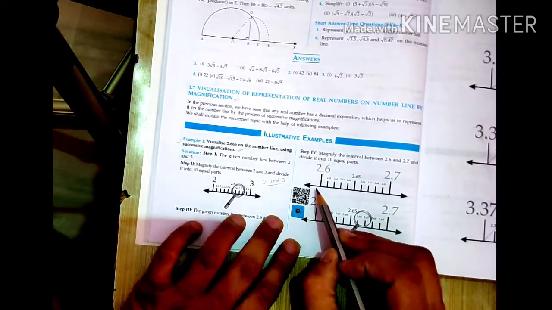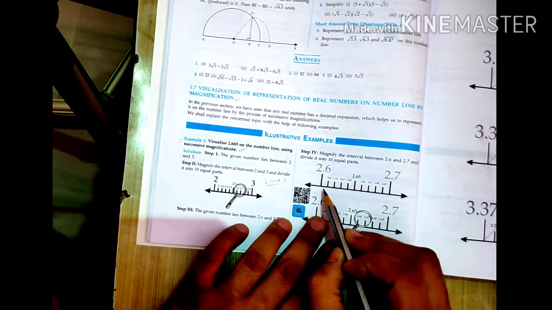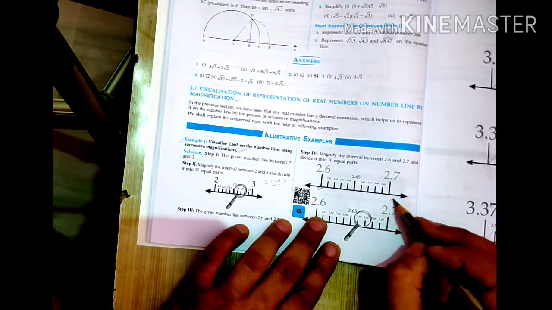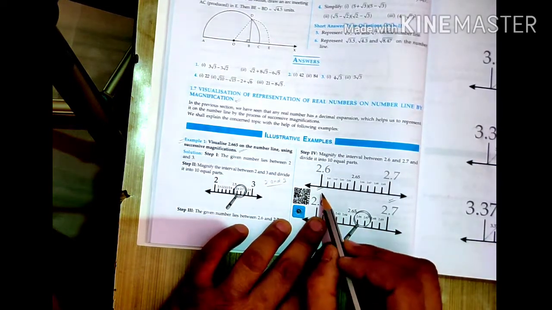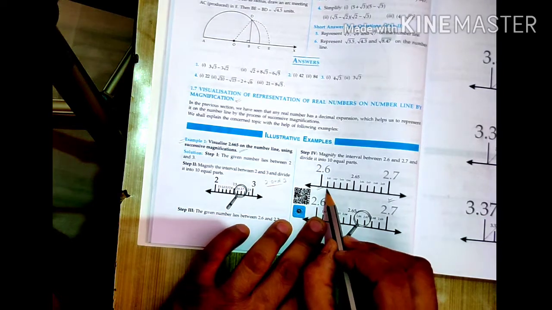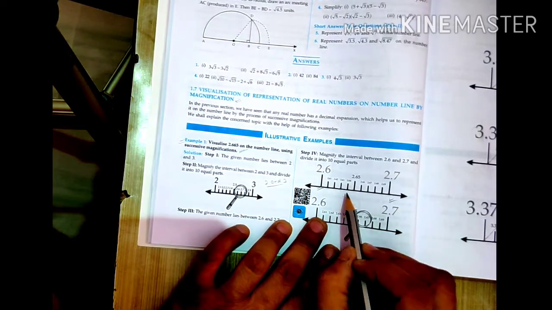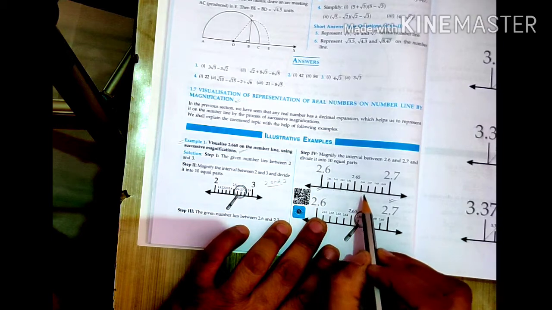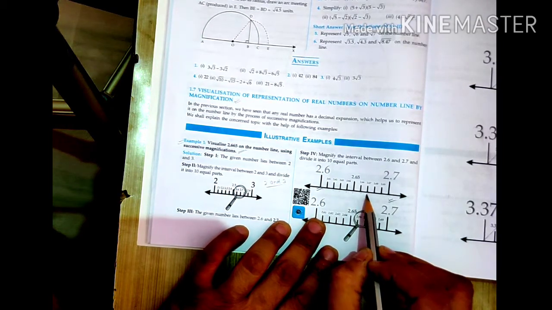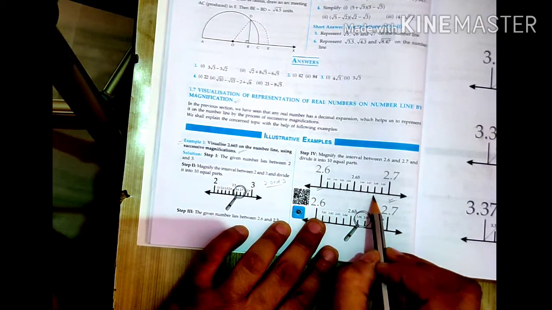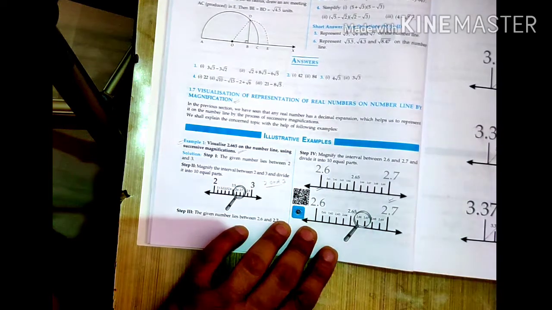Now we will magnify 2.6 to 2.7 and make 10 equal parts: 2.61, 2.62, 2.63, 2.64, 2.65, 2.66, then 2.67, 2.68, 2.69 and then 2.7.